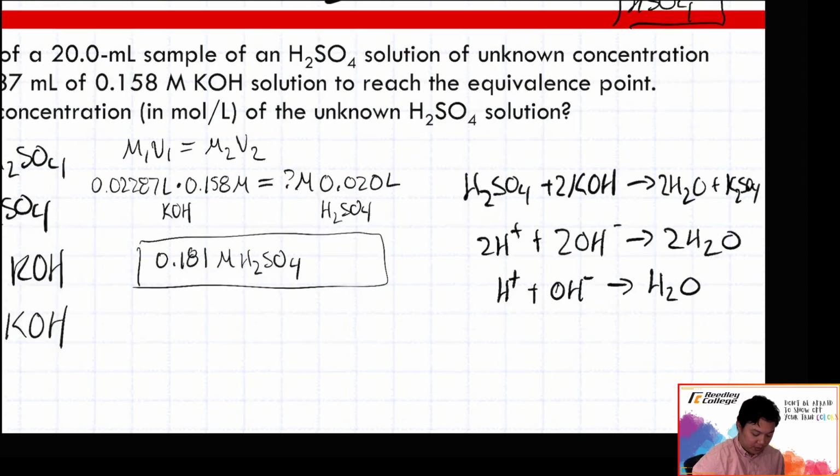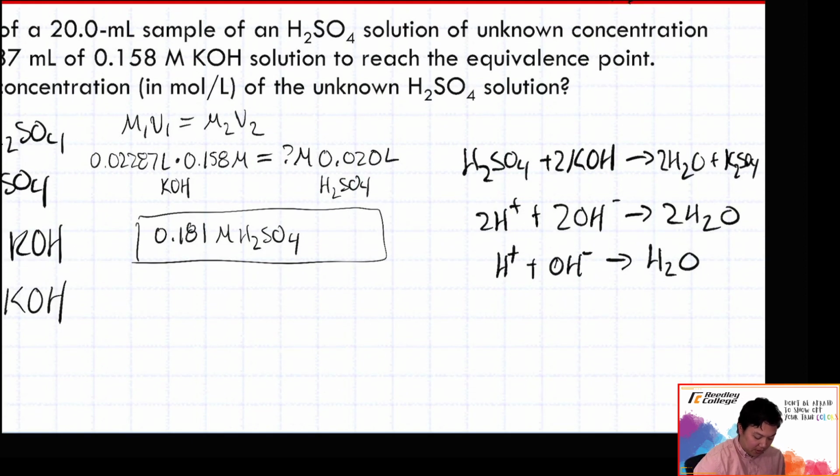And then what you would do is you would say, okay, well, the number of hydroxides is going to be equal to my molarity times my liters of KOH. Then you could use stoichiometry to say that the number of moles of hydroxide is equal to the number of moles of hydronium.